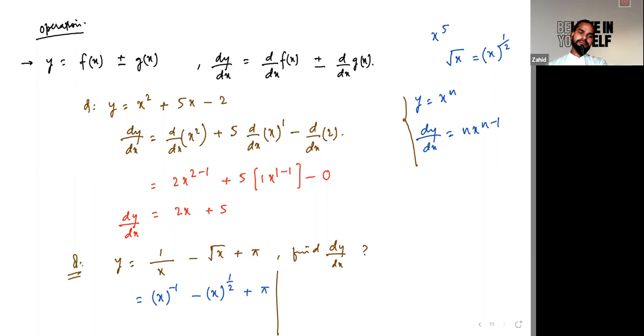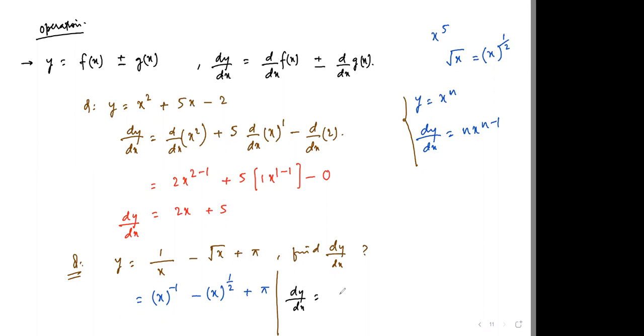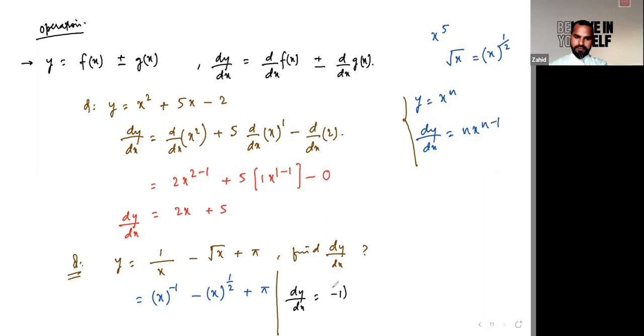dy/dx is equal to the differentiation of x raised to minus 1. So for us, what is the value of n in this part? -1. So on applying the above rule, it will be n x raised to n minus 1 for the first part, minus.